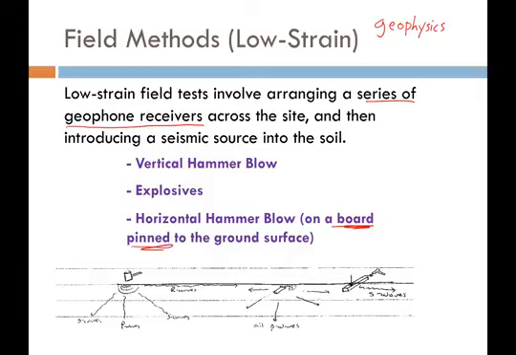But you ask yourself, how in the world do they pin it? Well, they drove their truck up on top of the board so that there was a lot of vertical force pushing it down on the ground, and then they hit it on the side with the hammer. And that induces just S waves. No P waves, no Rayleigh waves, but just S waves into the ground.